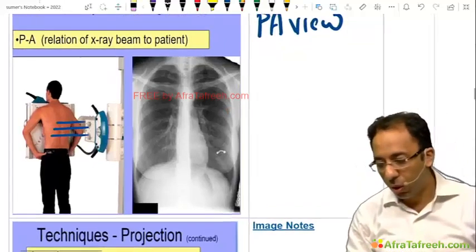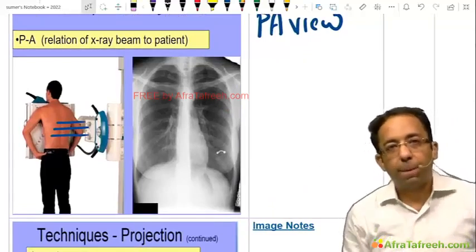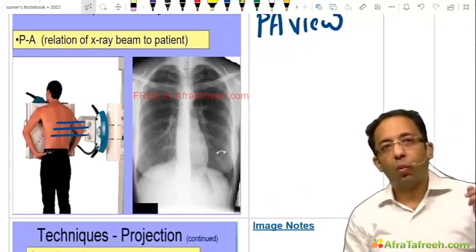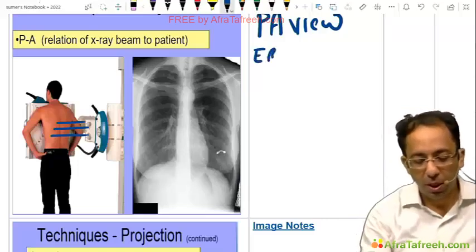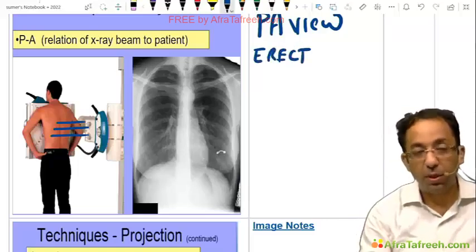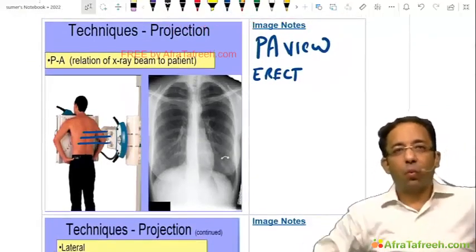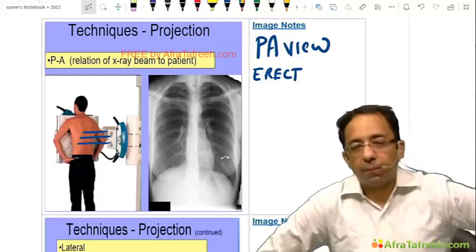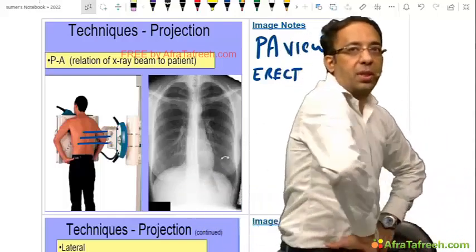Now anybody tell me, what is the position of the patient? The patient is in erect position. The patient is standing up. Everybody gets it? And what has he done to his shoulders? If you notice, this patient has kept his shoulders like this.